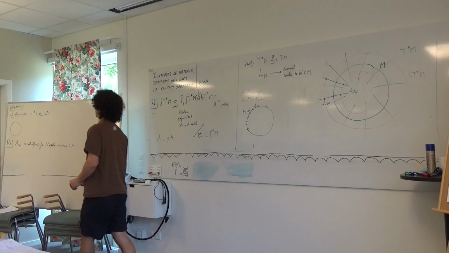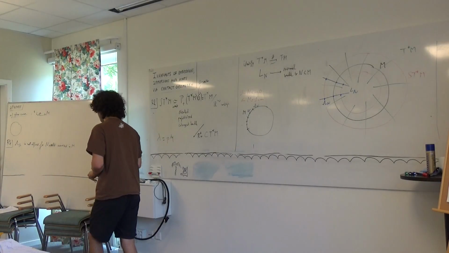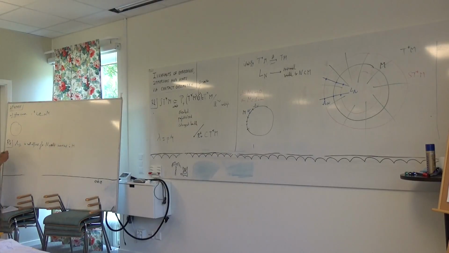Okay. So I just have something to say about immersion, to say it's okay. And the fact is, lambda n is embedded if n is self-transverse.